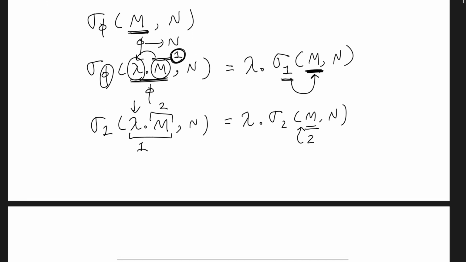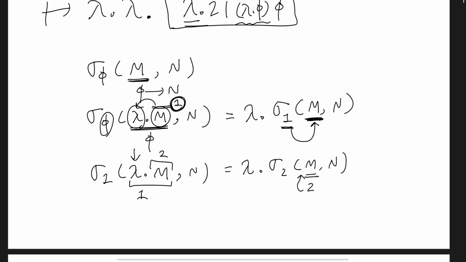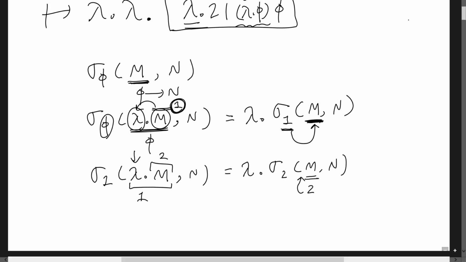So we can generalize this observation and we can try to define a function sigma I m n. So this thing means try to find index I inside expression m and then substitute n.